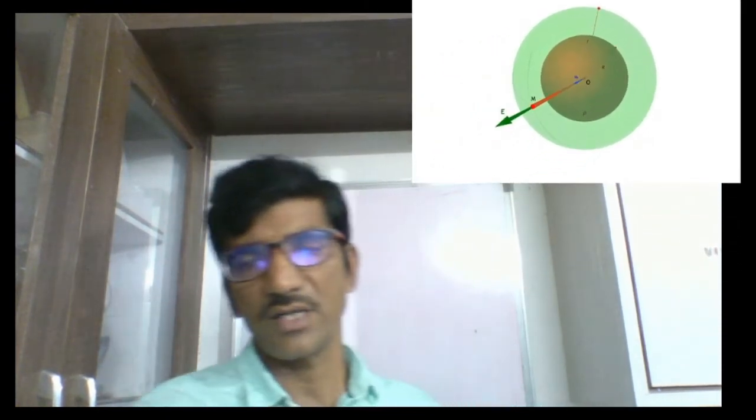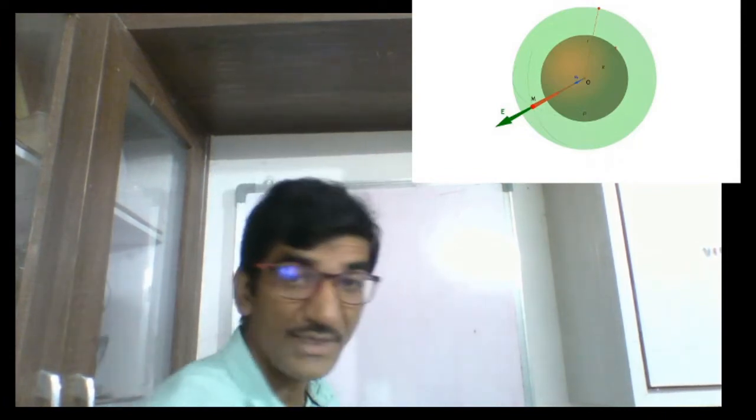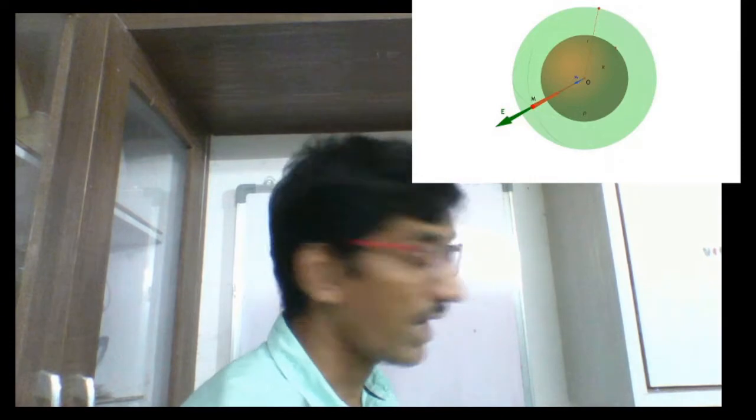Now let us try to apply the Gauss law of electrostatics for this particular problem. How is the charge distributed here? It is distributed across the cross section of the solid sphere.